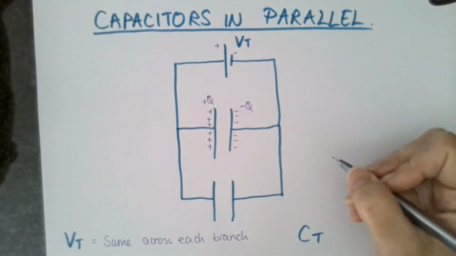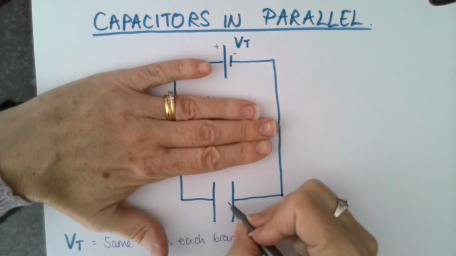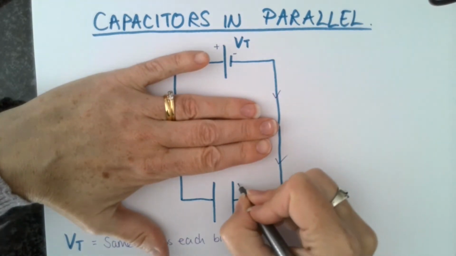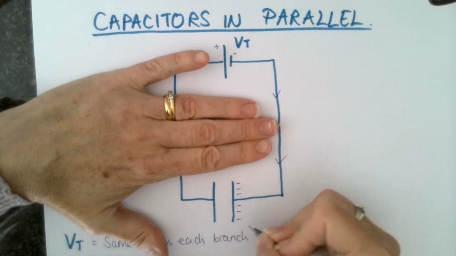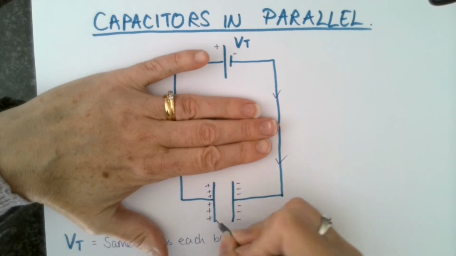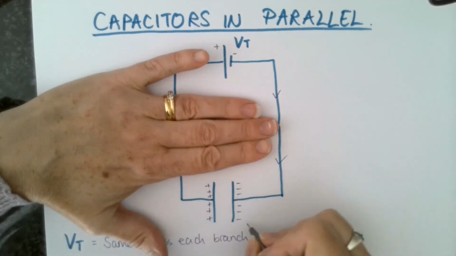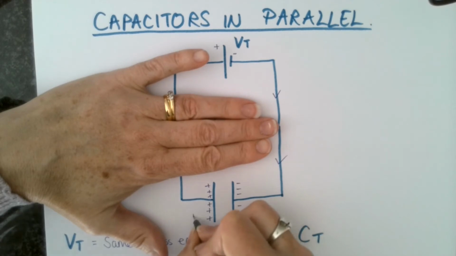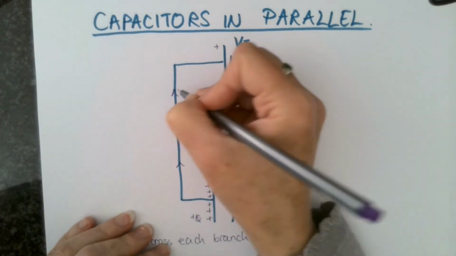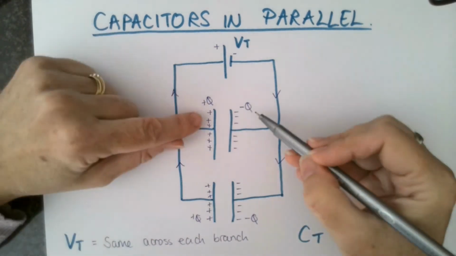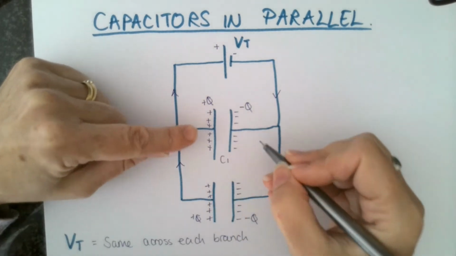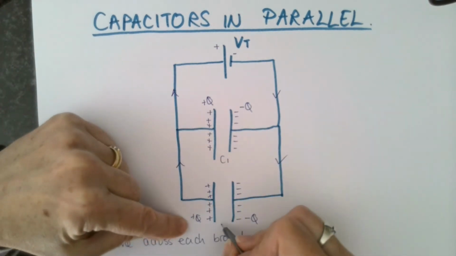But if we forgot about this capacitor and just looked at this one, we would find the same thing, that the electrons would be flowing and arriving at this second capacitor and therefore repelling an equal number of electrons from the opposite plate. So we have minus Q and plus Q. And what we find is that we've got a charge of Q on this capacitor here, C1. We've got the same charge on this capacitor here, C2.